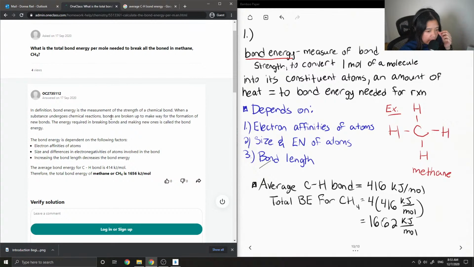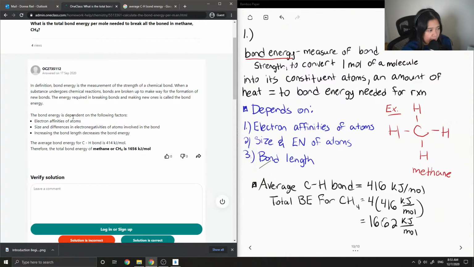Okay, so let's see what the junior tutor said. In definition, bond energy is the measurement of the strength of a chemical bond. When a substance undergoes chemical reactions, bonds are broken up to make way for the formation of new bonds. The energy required in breaking bonds and making new ones is called the bond energy. Bond energy is dependent on the following factors: the electron affinities of atoms, the size and differences in electronegativities of atoms involved in the bond, and also increasing the bond length decreases the bond energy.